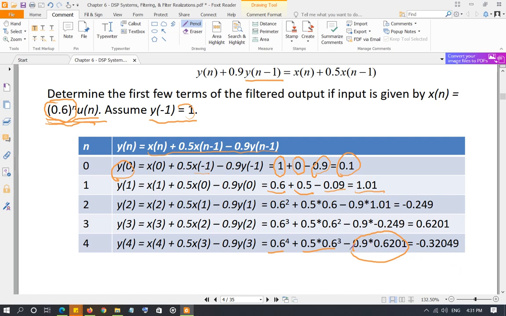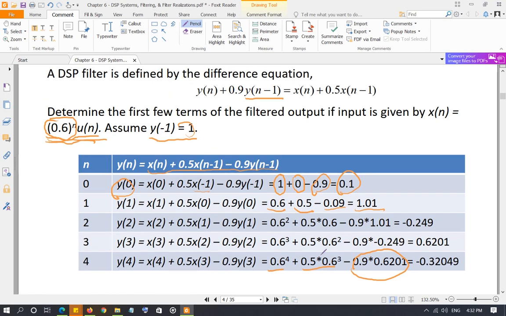So this is how you're going to figure out the response of the filter for any input through your difference equation. Now, in the next MATLAB project, project number 4, the first part is this: H of z is given to you.